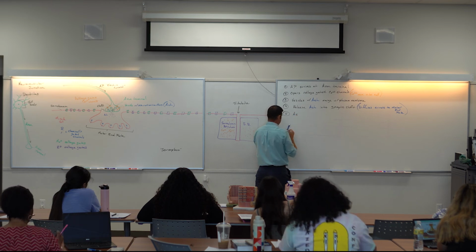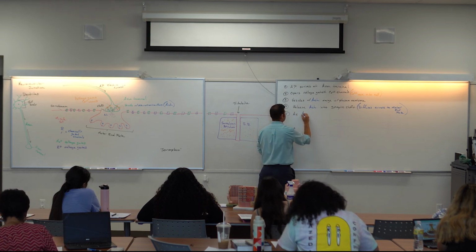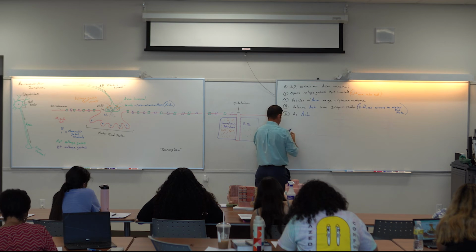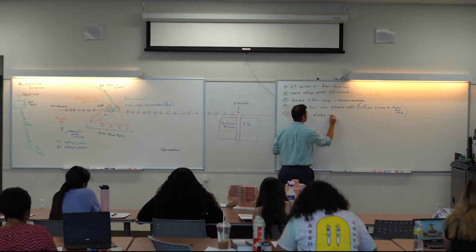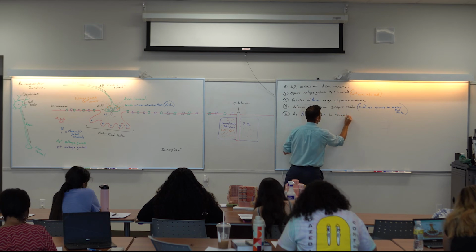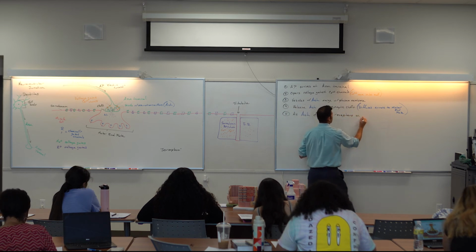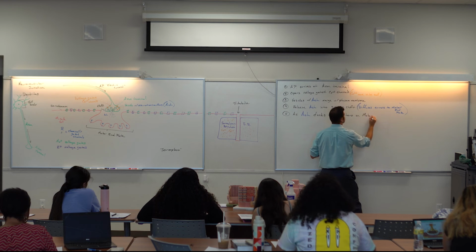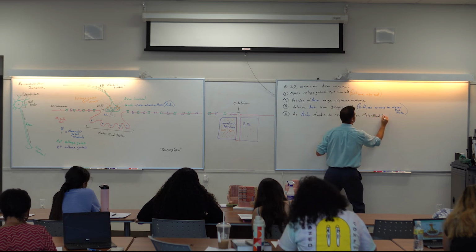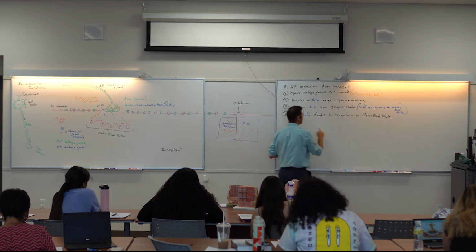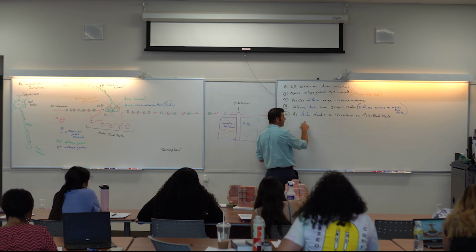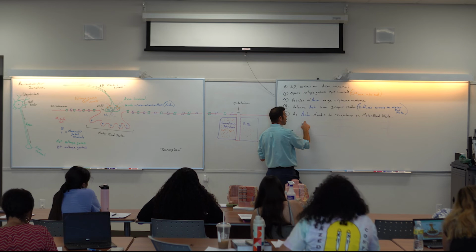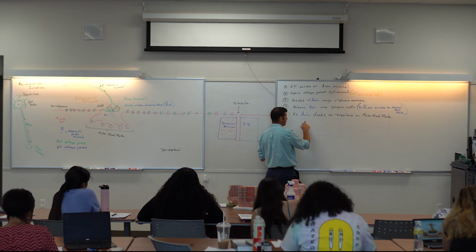As this acetylcholine docks to receptors on that motor end plate, I'll just keep it right here on number 5, it's going to cause these chemically gated channels to open.